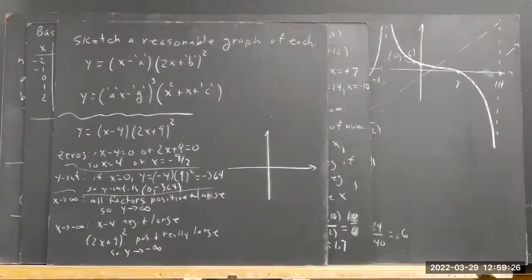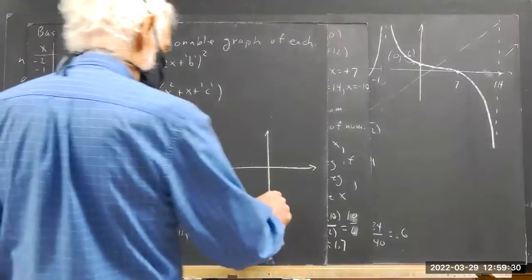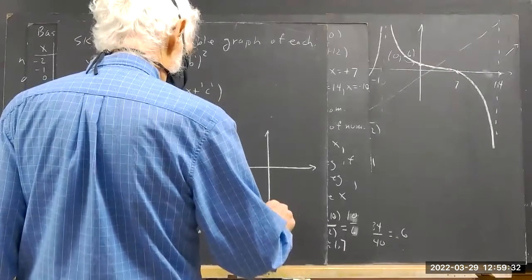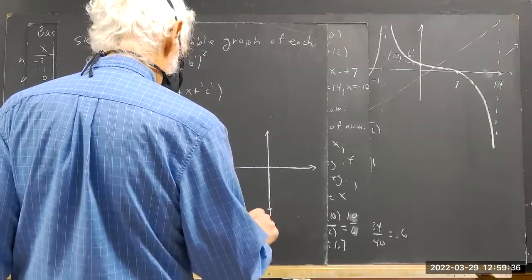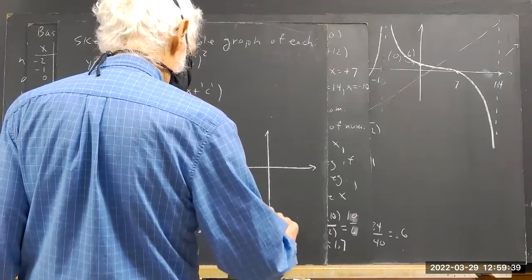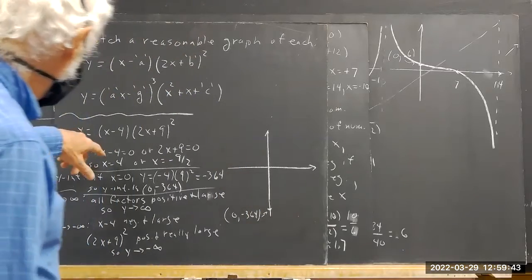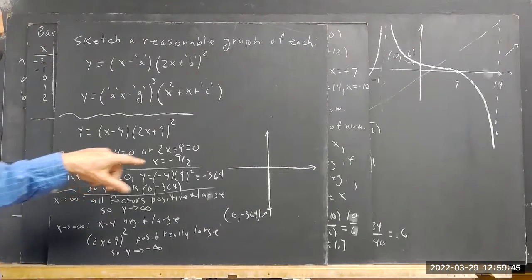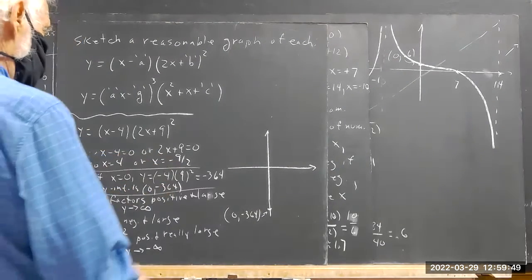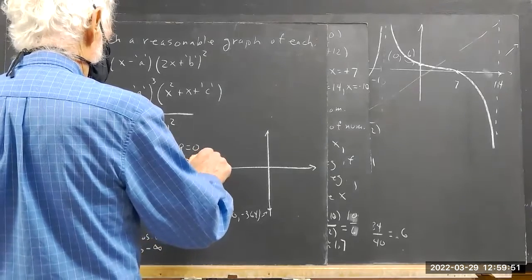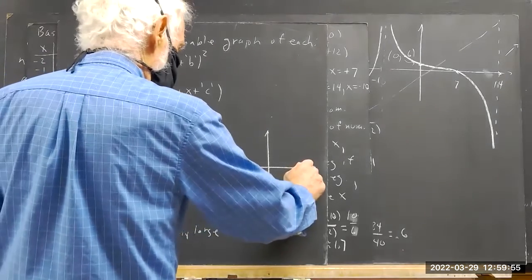So now we do the graph. First of all, negative 364 means you get the point 0, negative 364. A 0 at x equals 4, a 0 at x equals negative 9 halves, which we could write as a mixed number, -4 and a half, or negative 4.5 if you like.